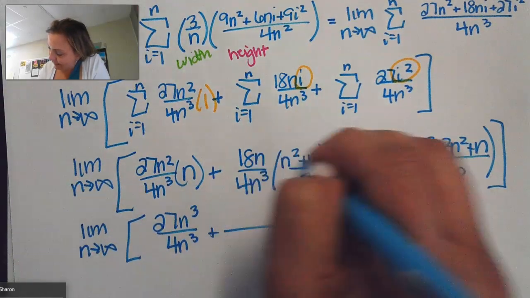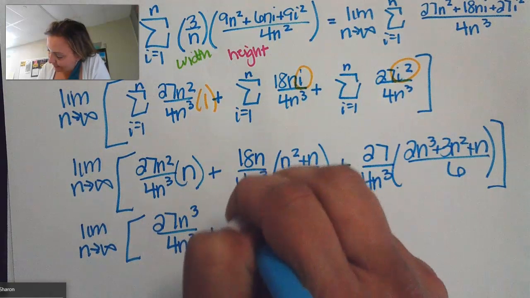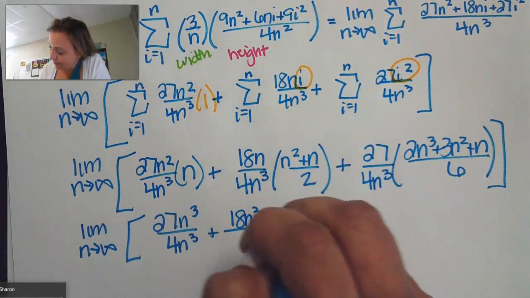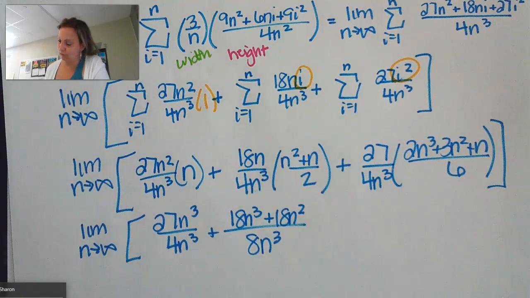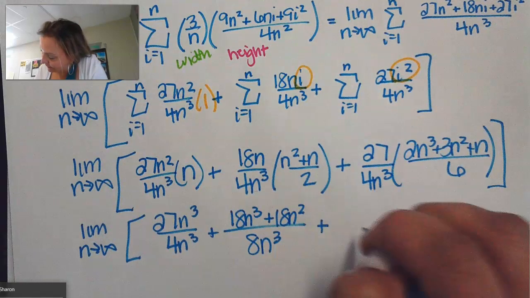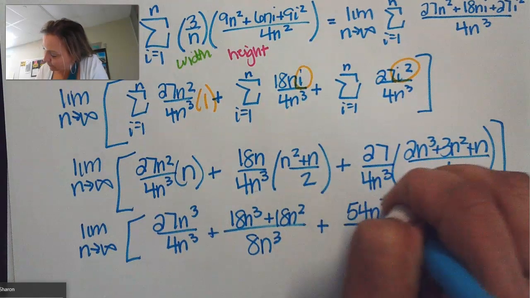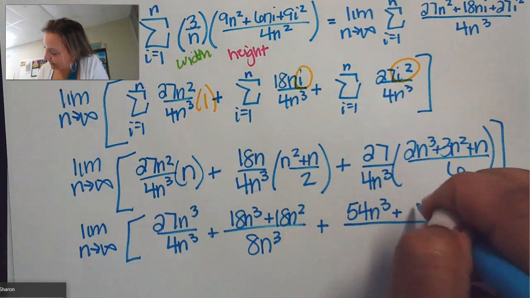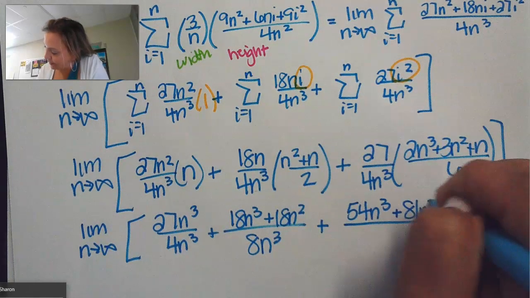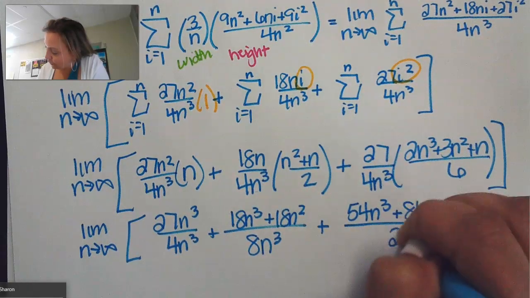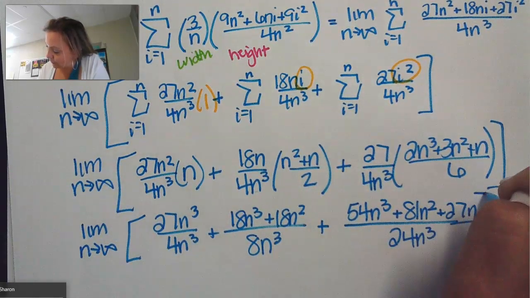This gives me 18n cubed plus 18n squared over 8n cubed. And this gives me 54n cubed plus, what's that, 81n squared plus 27n over 24n cubed.